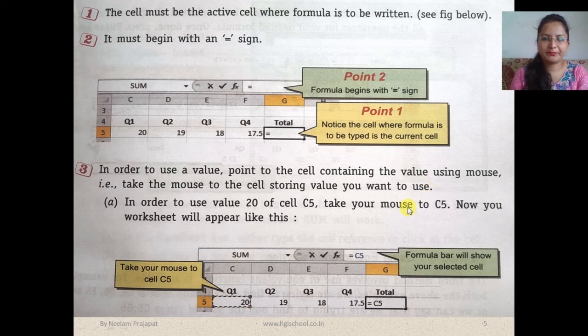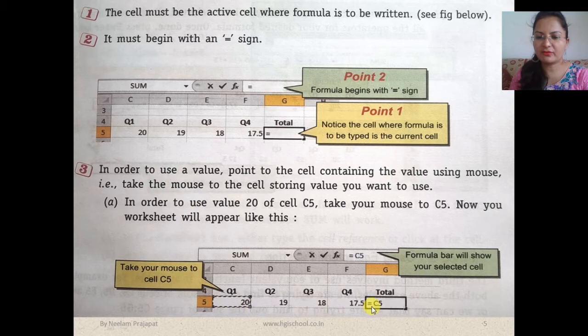Okay, so in order to use value 20 of the cell, like if you want to use the value 20 of the cell, take your mouse to C5. This is C5, you can see this is C column, this is third row. Okay, it is actually scrolled, so we are not able to see the first and second row. This is third column, third row, fourth row and fifth row.